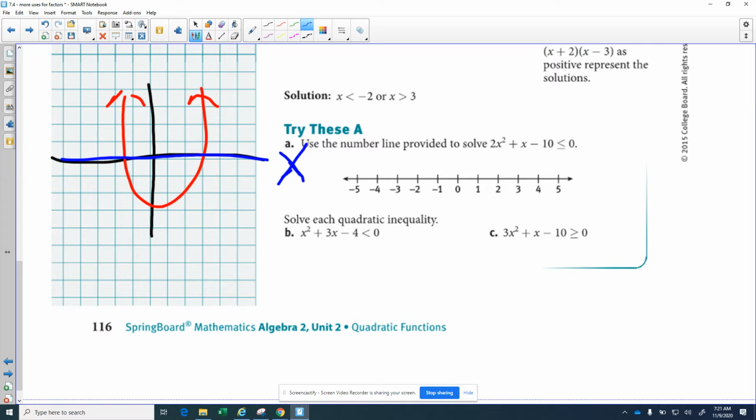Notice how half the graph is above it, half the graph is below it. If I focus on just these two coordinates right here, I can pretty much assume that everything in between these two coordinates, or in other words, this line, is below zero, while everything above those two coordinates, for example, this line and this line, are positive.